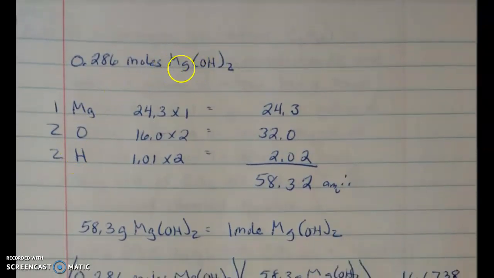So when we look at our molecule here of magnesium hydroxide, I know that I have 1 magnesium ion, I have 2 oxygen and 2 hydrogen. And so it's 24.3 AMU plus 32.0 AMU plus 2.02 AMU. And so this is simply the mass of one molecule of magnesium hydroxide.